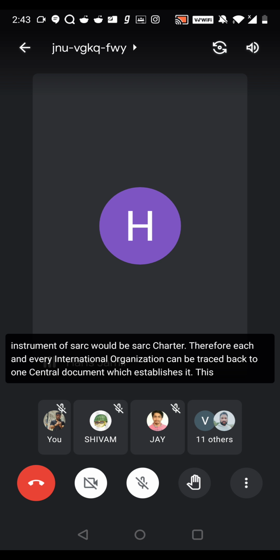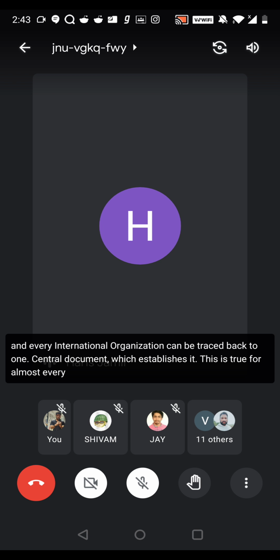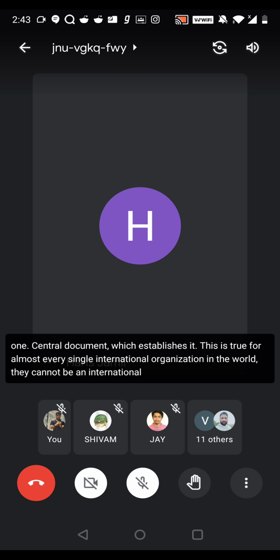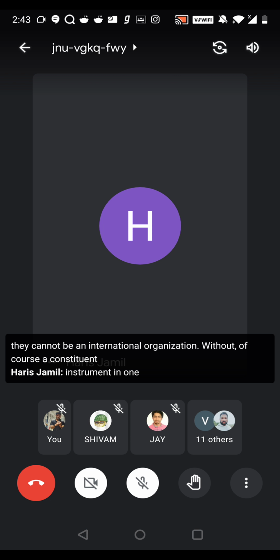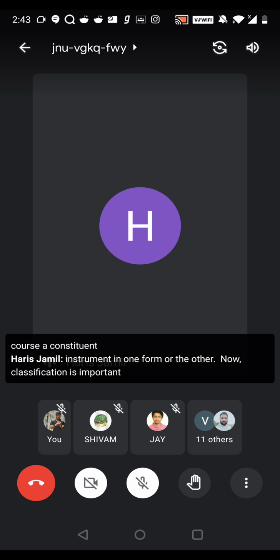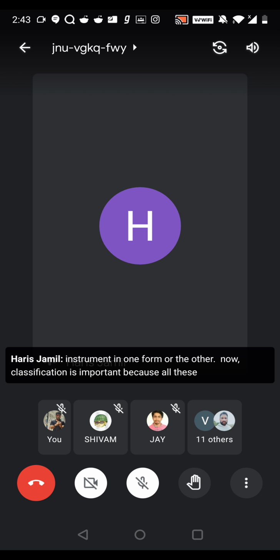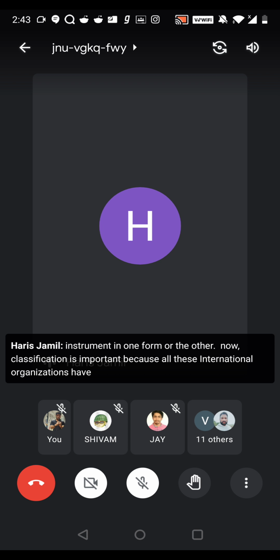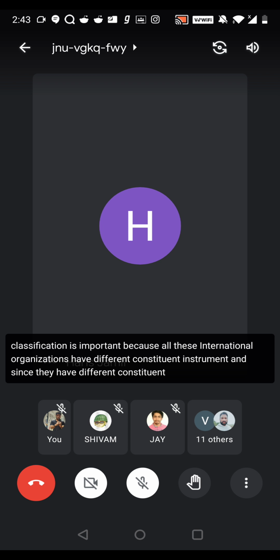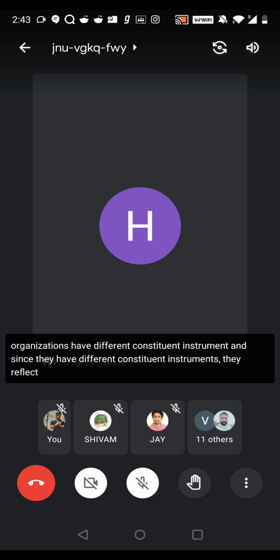This is true for almost every single international organization in the world. There cannot be an international organization without a constituent instrument in one form or the other. Now, classification is important because all these international organizations have different constituent instruments, and since they have different constituent instruments, they reflect different kinds of tendencies.